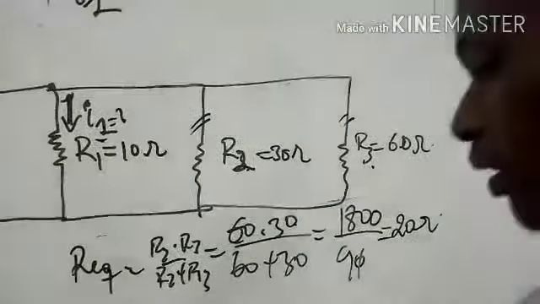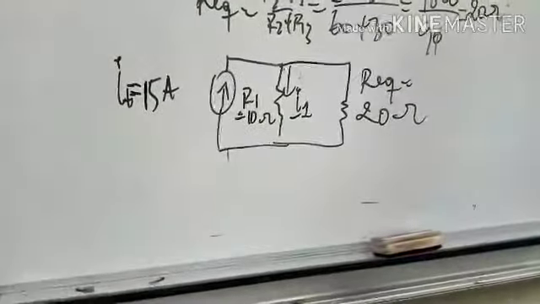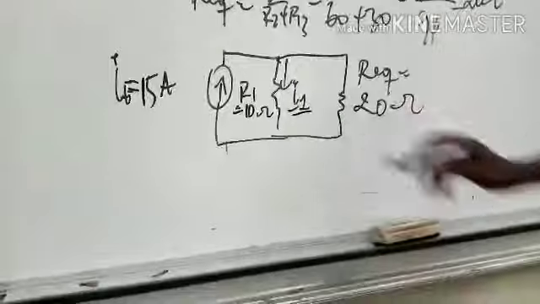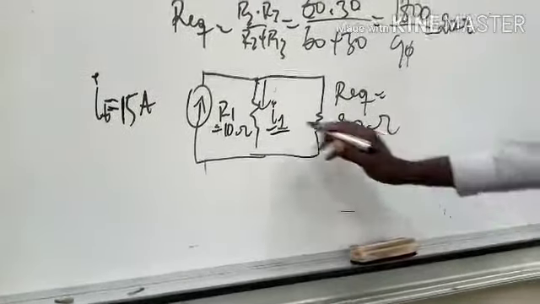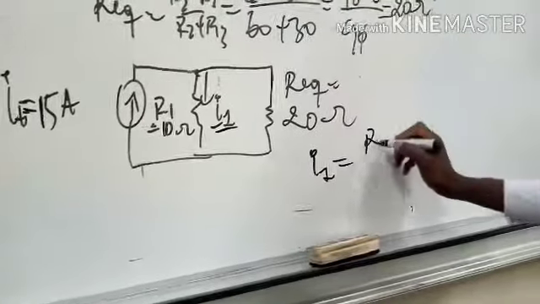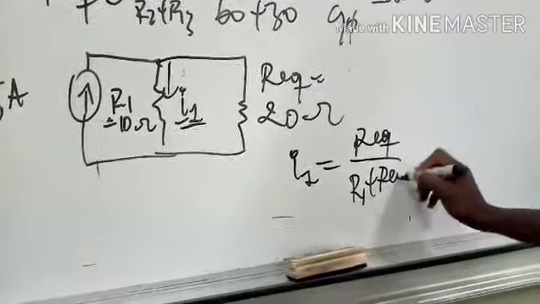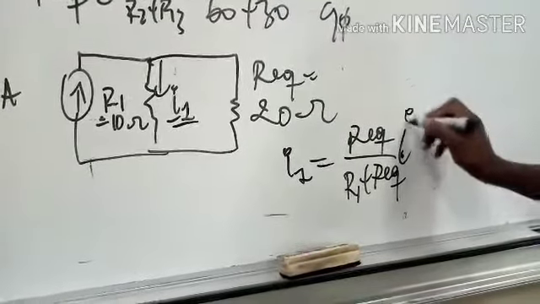Then we remain with this circuit. So here, for this current divider, current 1 is equal to this R equivalent over R1 plus R equivalent times the current source.